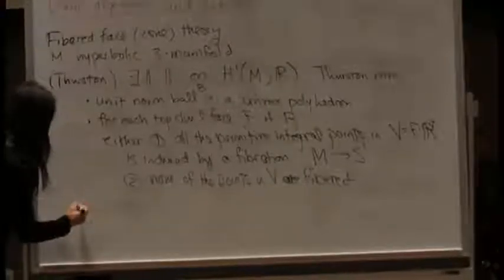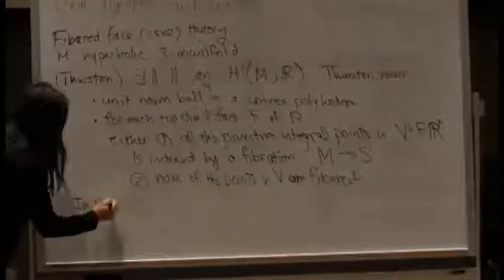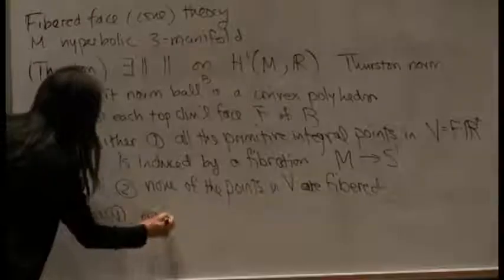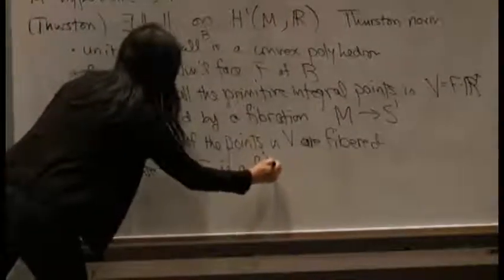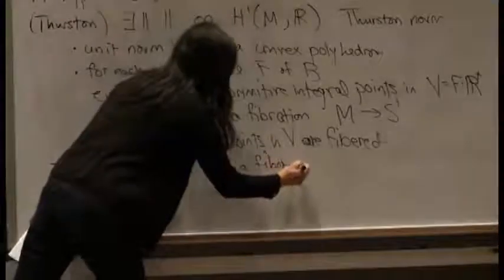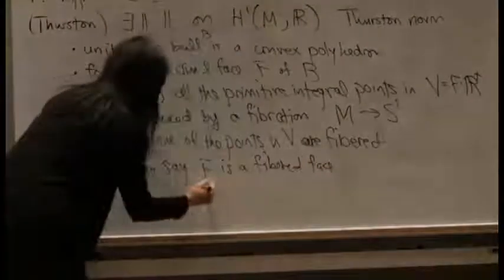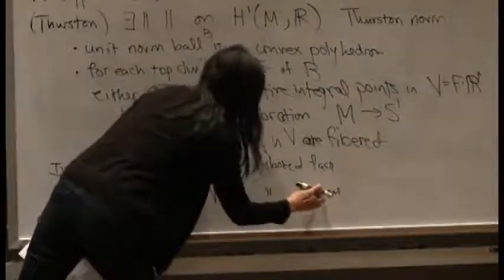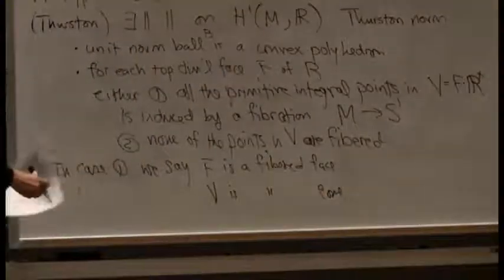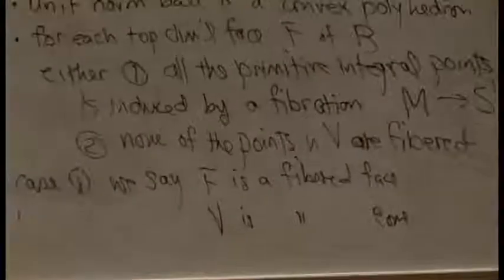In case 1, we say F is a fibered face and V is a fibered cone.